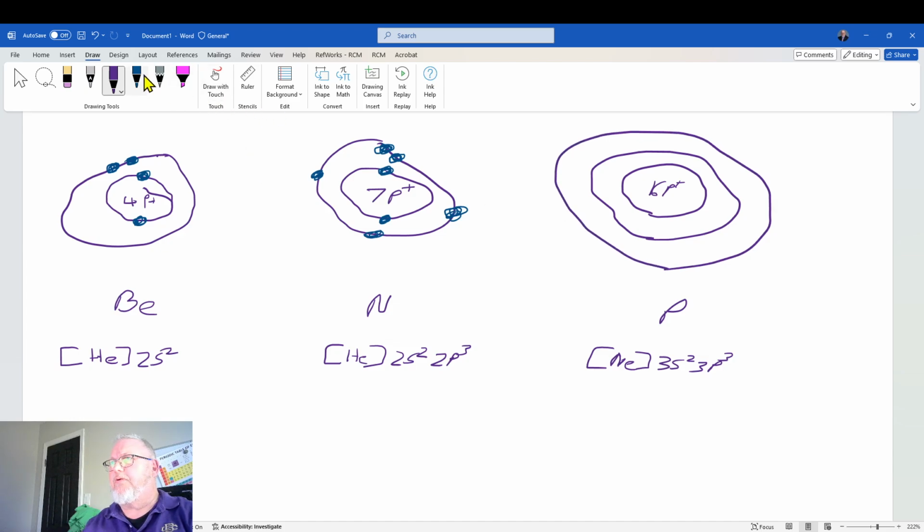Okay, let's draw their electrons. There's 2 in the first level. There's 8 in the second level. And just like nitrogen, there's going to be 5 in the outer level, not the same level. All right, let's draw those in there.